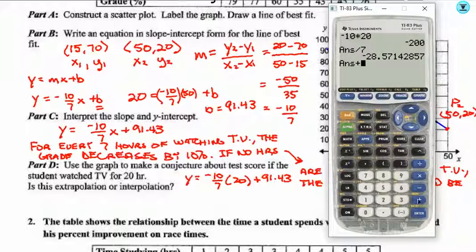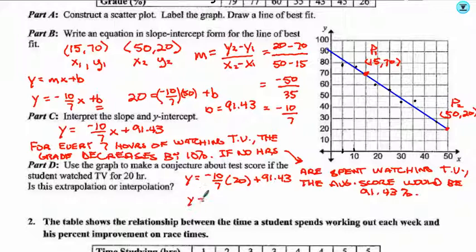And I'm going to add that to 91.43. So 62.86. So y would be approximately 62.86%. Okay.